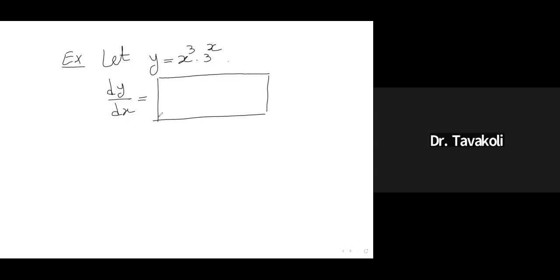So I use the product rule because y is a product of two functions, x cubed times 3 to the power of x. So using the product rule, this is the derivative of the first function times the second function plus the first function times the derivative of the second function.